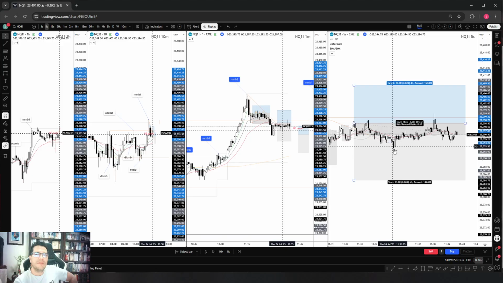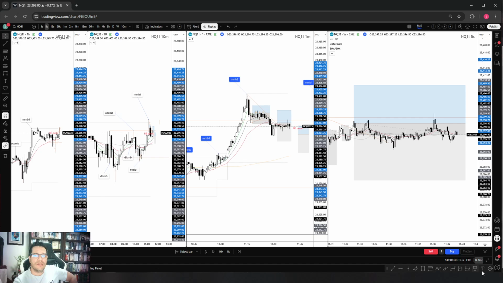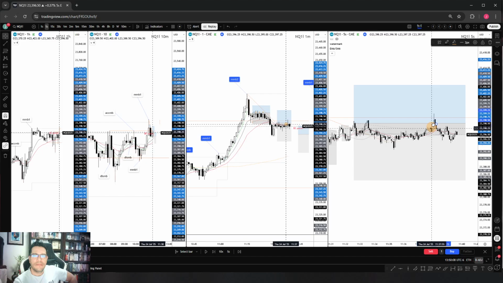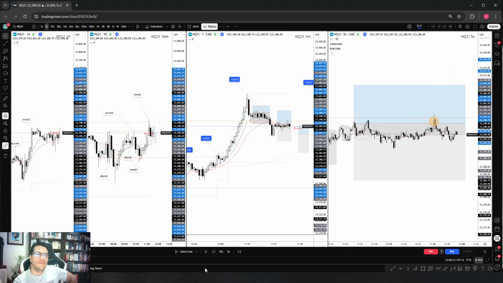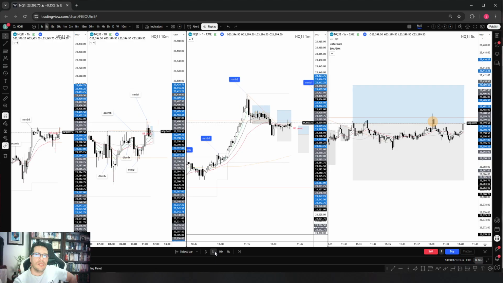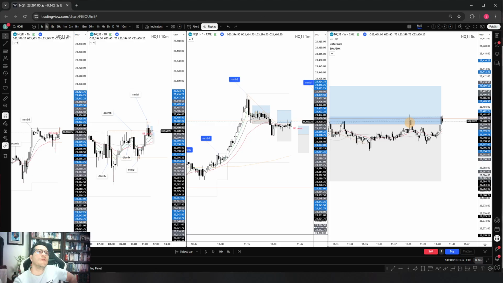We have a considerable drawdown on a setup that was not actually valid, and I had the chance to break even here, but I didn't. So I did not break even here, and from there price just went, let's see, when was this close?